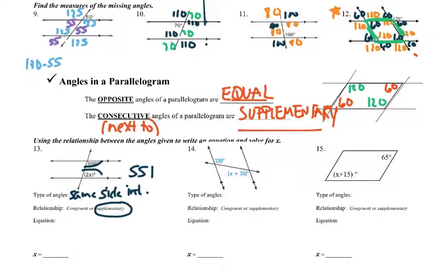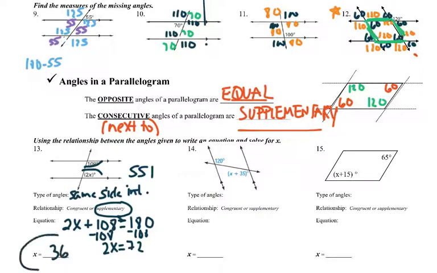We just circle that. And what does supplementary mean? You're right, supplementary means adds up to 180. Not equal to each other, adds up to 180. So I subtract 108 from both sides, so 2x is equal to what, 72? So x is 36. And so I have you circle that so you know what to do for your equation.